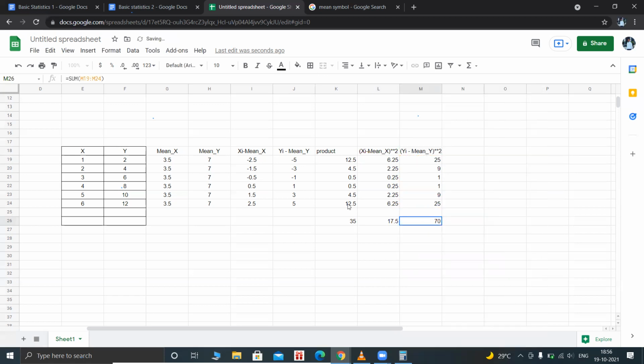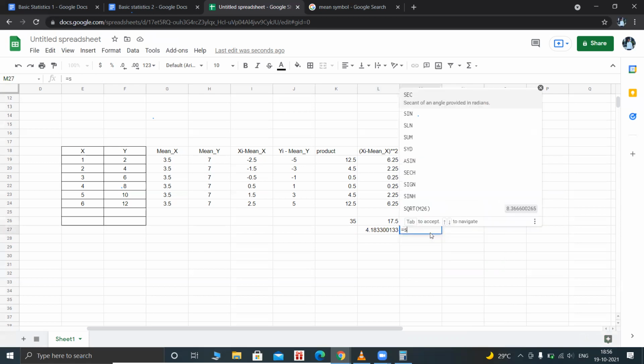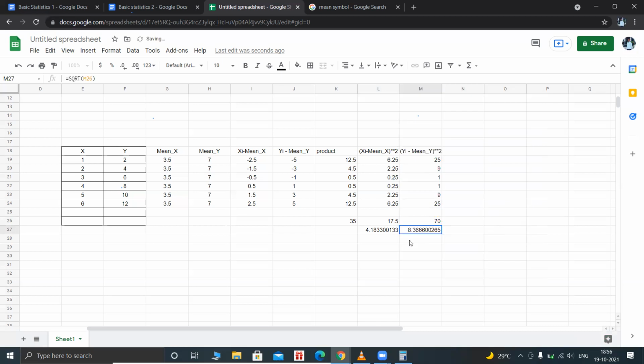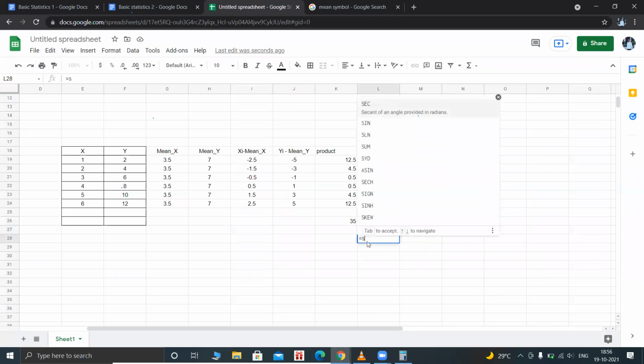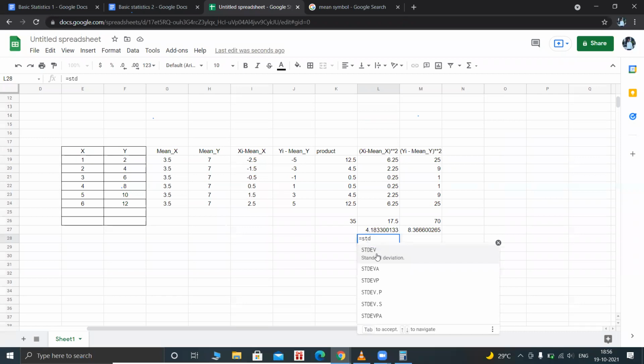Now standard deviation, square root of this thing, is equal to SQRT of this one. Enter. So it is 4.18, and the standard deviation of this one is equal to square root of... Guys, I'm actually doing a lot of things, but basically you do have a standard deviation function in Excel.